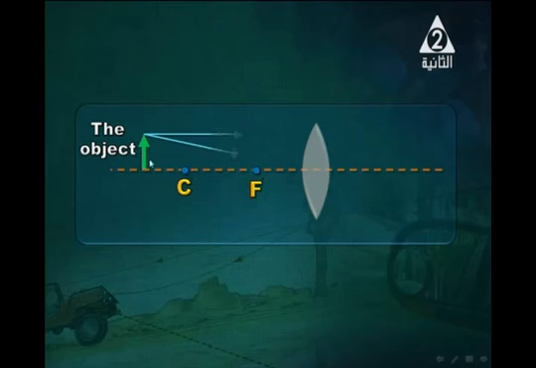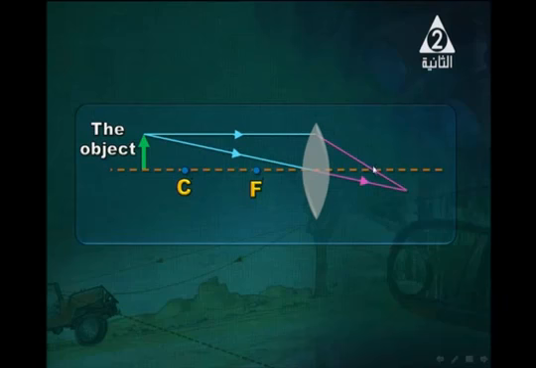This object will send two rays. The first ray is parallel to the principal axis, the second ray passes through the optical center of the lens. The first ray will refract passing through the focus, and the second will pass without any refraction. At the point of intersection of the two refracted rays, the image is formed.